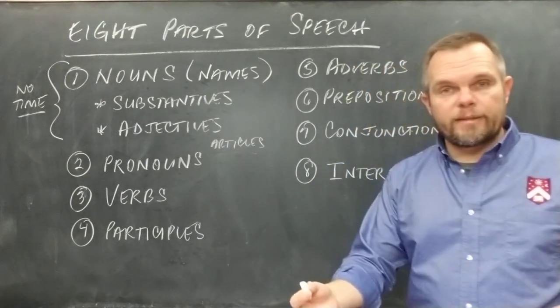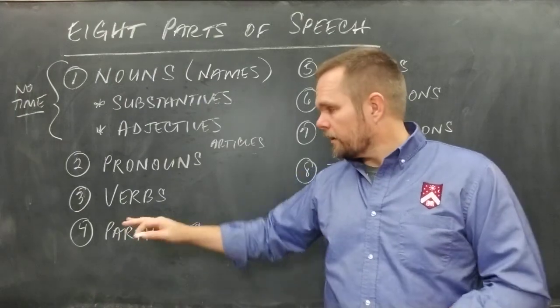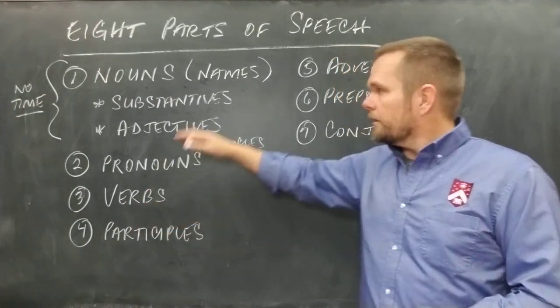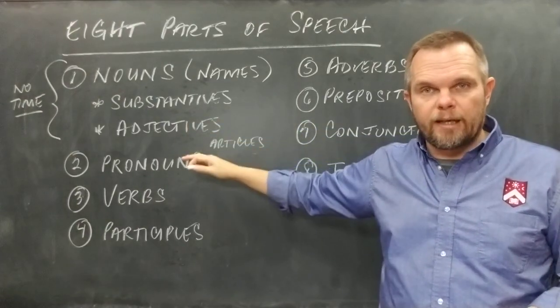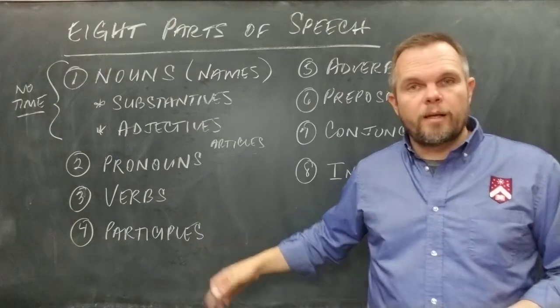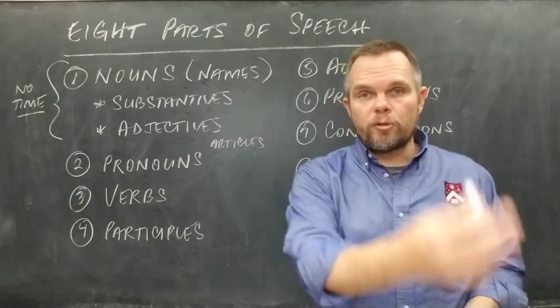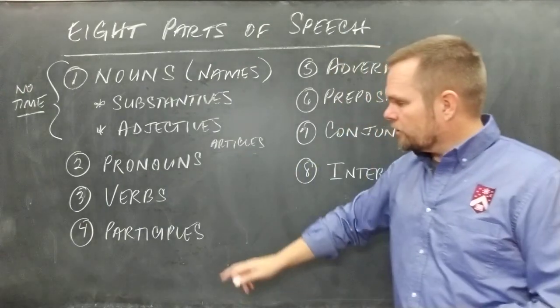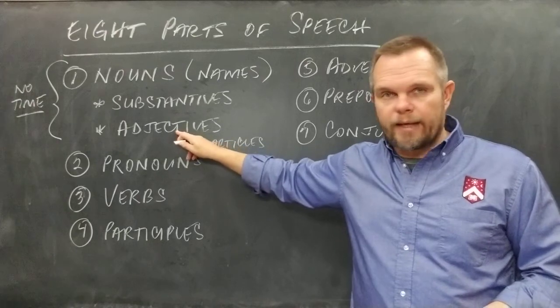So we can have present, past, and future time in verbs. Nouns and substantives and adjectives do not express time. Participles express time. There are present participles, past participles, and future participles. And because participles express time, they're not adjectives.